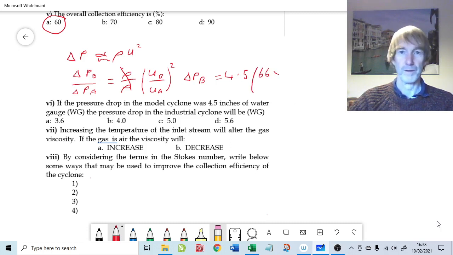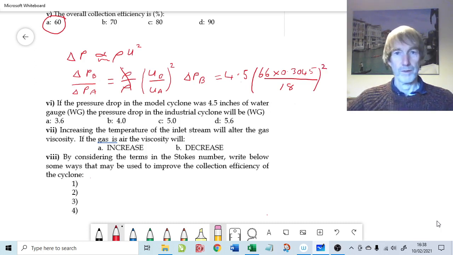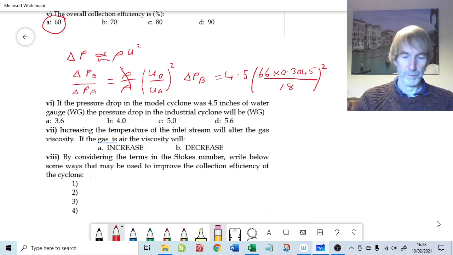So that's 66 times 0.3045 divided by the velocity in the model cyclone, which was 18 meters per second. So that's the meters per second values, and we will need to square that. Okay, so let's do that sum. We've got 60 times 0.3045 divided by 18.